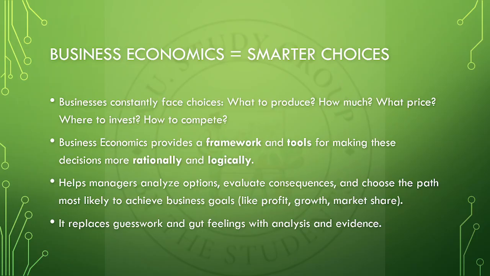Businesses constantly make choices. Business economics provides the logic, the framework, and the analytical tools to make those choices smarter. Instead of just guessing, managers use economic principles to weigh the pros and cons. They predict the outcomes and choose the best path towards their goals.